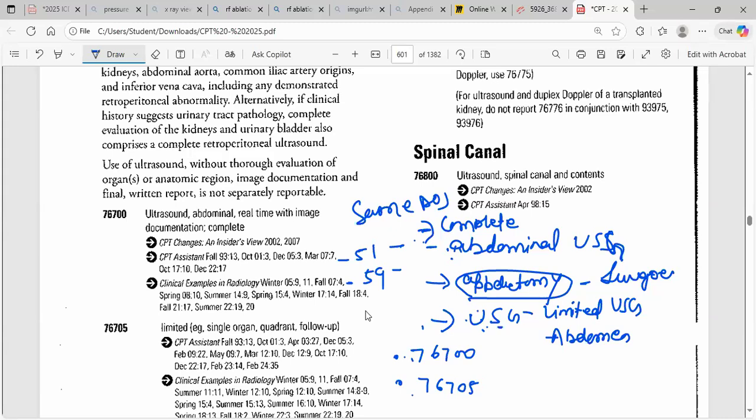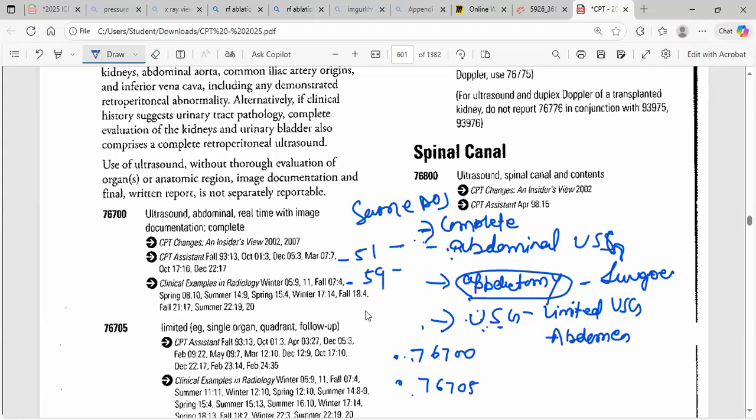For the modifier for this situation, 51 and 59? Ma'am, 51 seems more appropriate than 59. Okay.